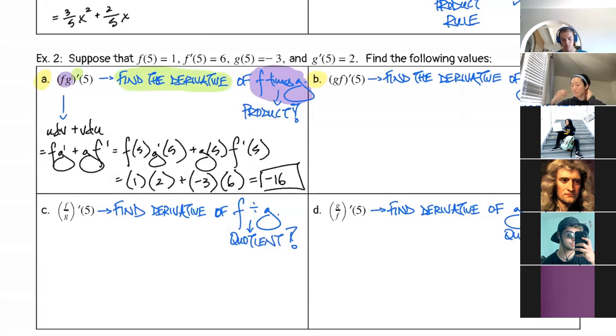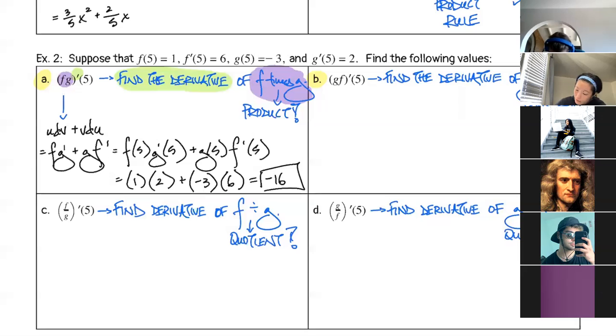Let's try D. We said for D, it says find the derivative of G divided by F. And that G divided by F said quotient rule. We want to know that quotient rule.